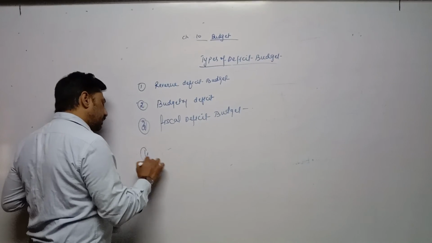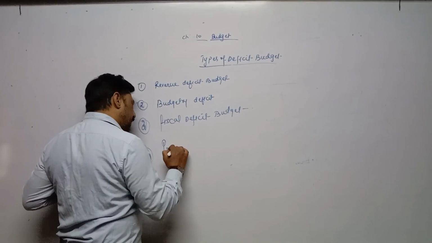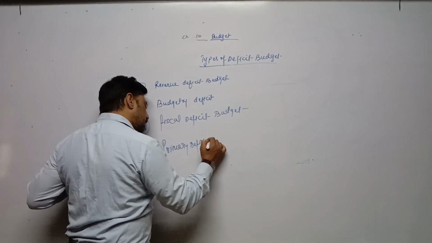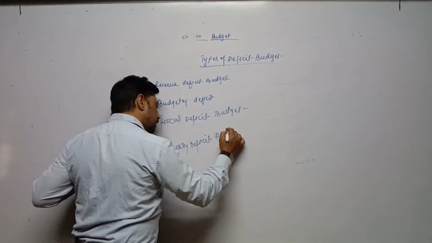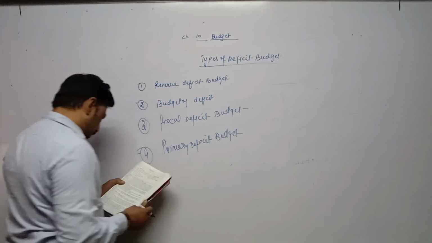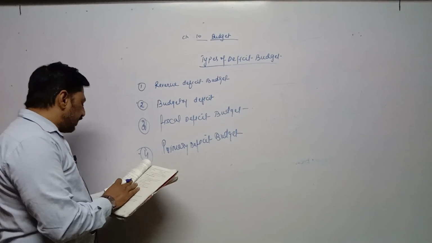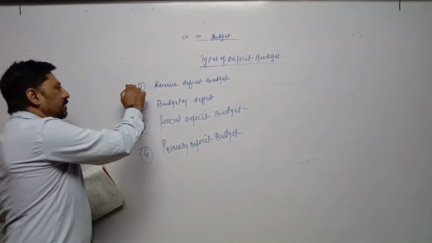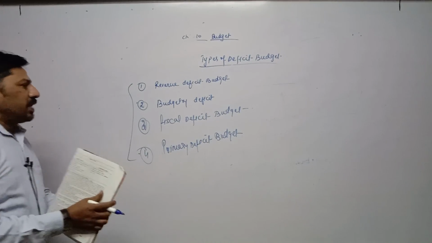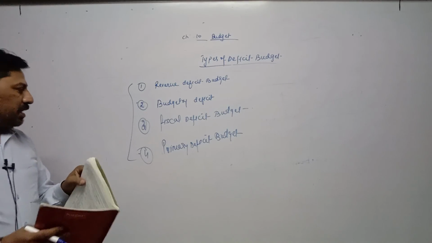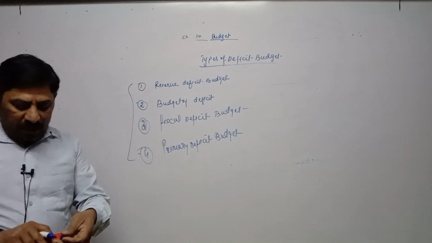Fourth one is primary deficit budget. So the four types of deficit budgets are: revenue deficit, budgetary deficit, fiscal deficit, and primary deficit. Explanation in the next lecture.